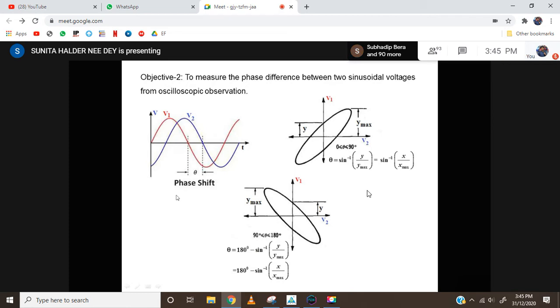Dual mode means the signal fed to the vertical axis will be plotted with respect to the signal fed to the horizontal axis, not with respect to time. But in ordinary mode, it will always be with respect to time.